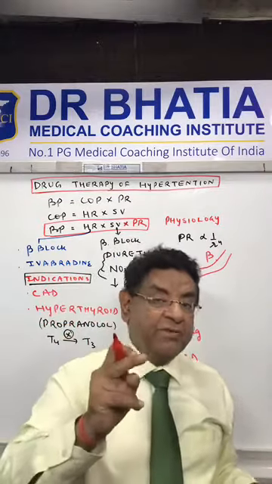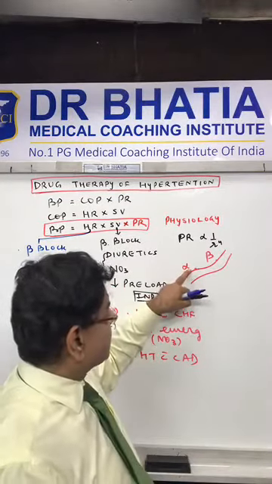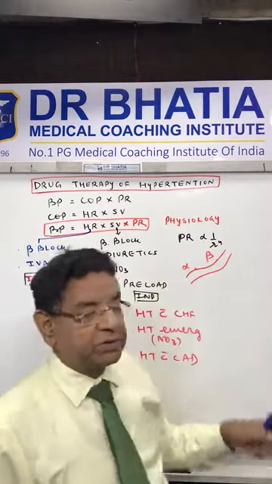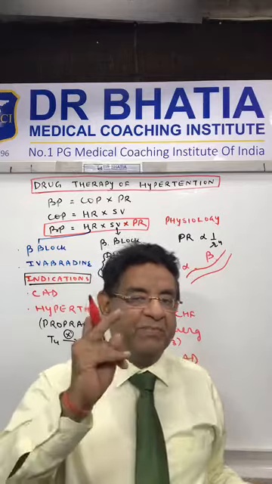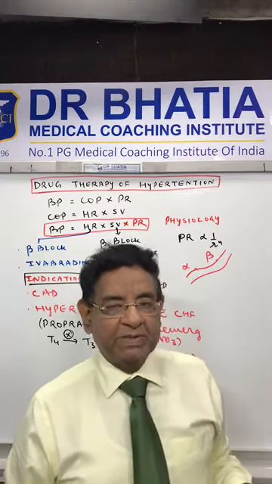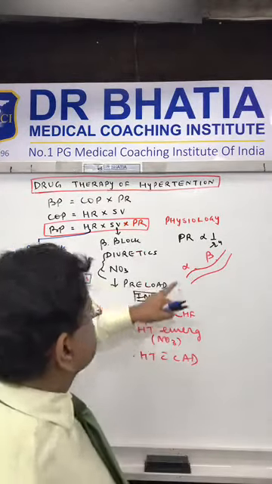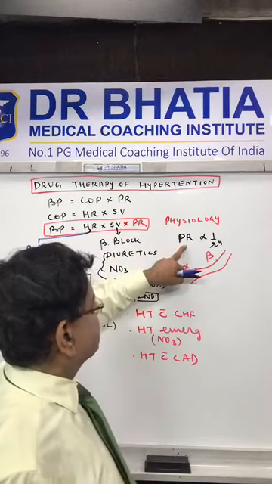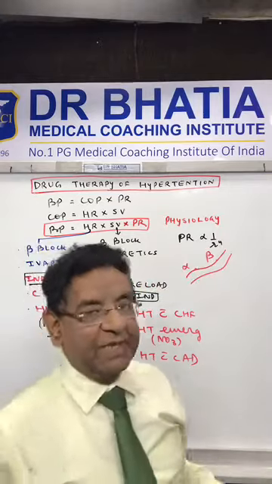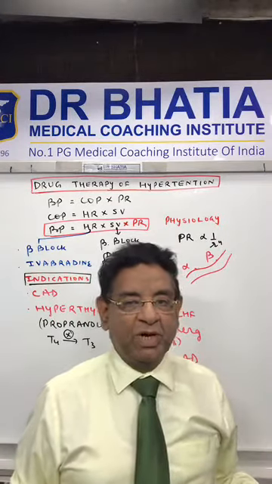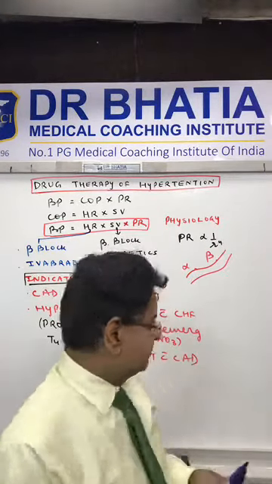But if you give an alpha blocker, there will be unopposed beta action. The arteriole will dilate, peripheral resistance will come down. That's the basic physiology. So the point to be noted is peripheral resistance is 1 by R4. So if you dilate the arteriole, peripheral resistance will go down, BP will go down.